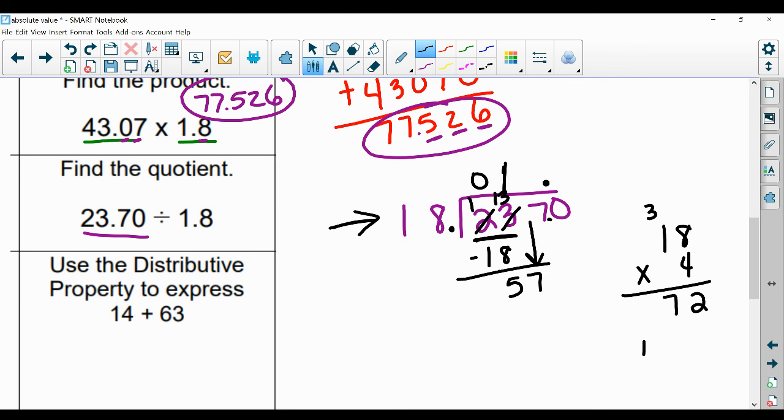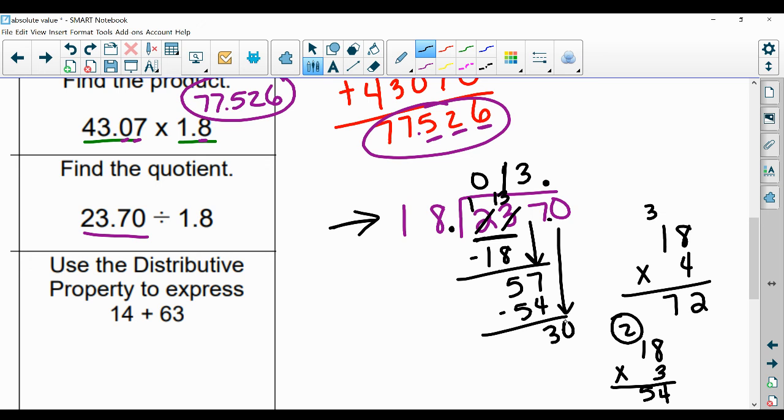That's way too big, so we need to dial it back some. 8 times 3 is 24. 3 times 1 is 3, plus 2 is 5. And that works for us. So we're going to put a 3. 54. Subtract. Bring down my 0.